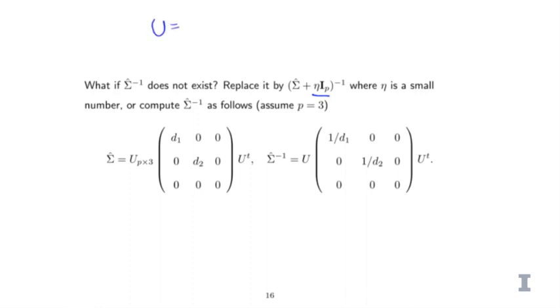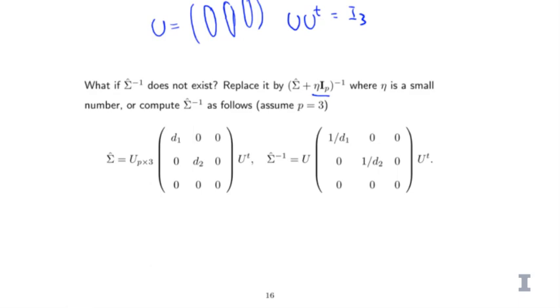So U is going to be a 3 by 3 matrix, and every column is of norm 1, and they're orthogonal to each other, so U transpose U should equal the identity. Now, the rank of sigma being 2 means that in that diagonal matrix in the middle, we only have 2 non-zero entries, which are positive. D1, D2 are positive, but the third one is 0.